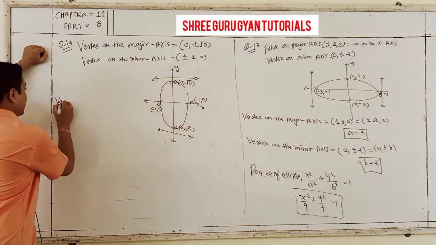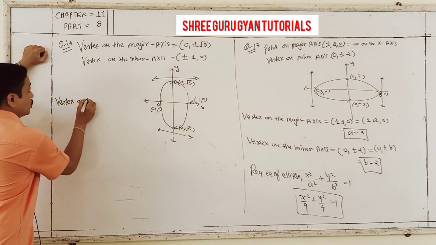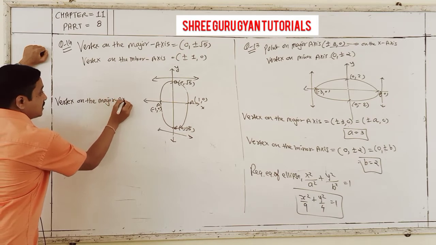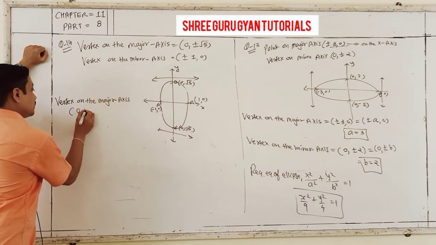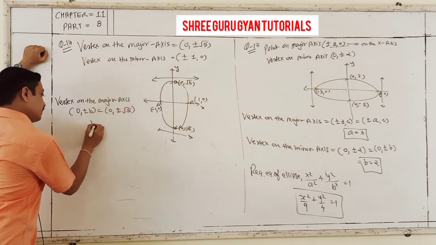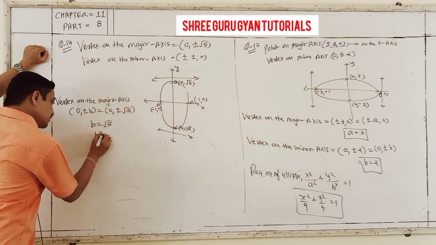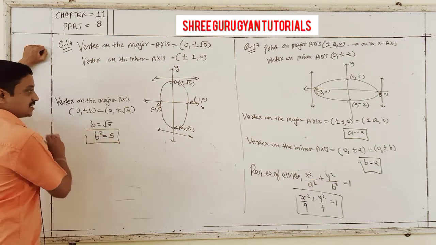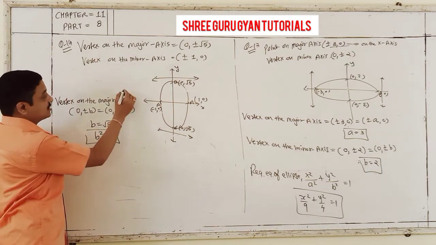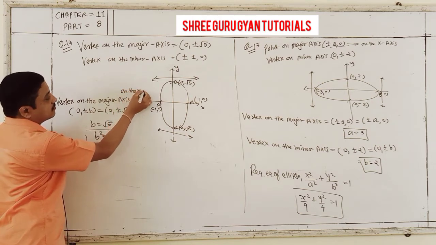Yes, vertex on the major axis 0 comma plus minus b, and it is 0 comma plus minus root 5. B becomes root 5, b square is 5. Major axis along the y axis. Now students, here on the y axis I just mentioned that.